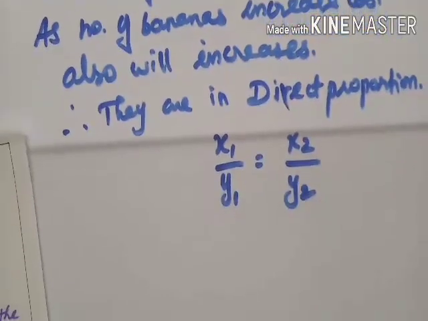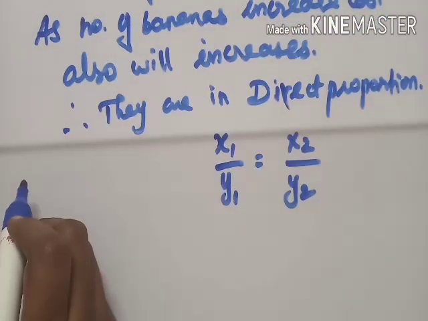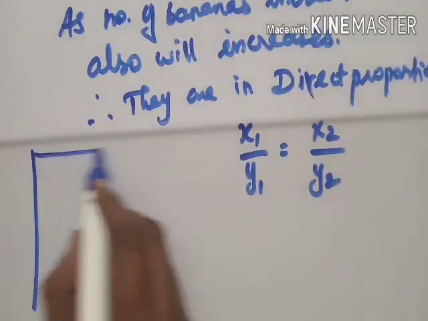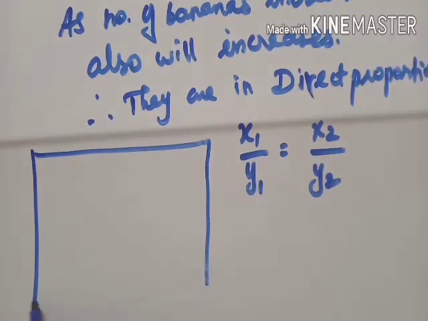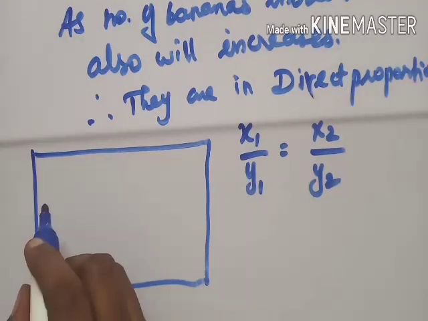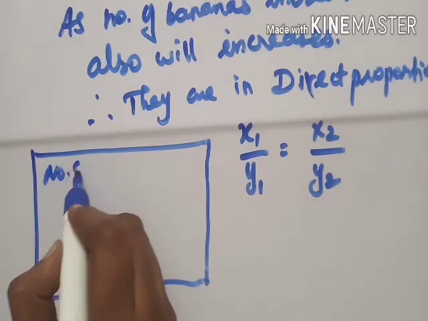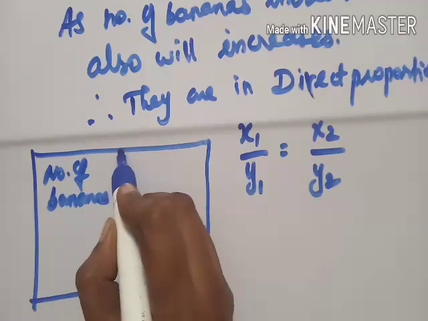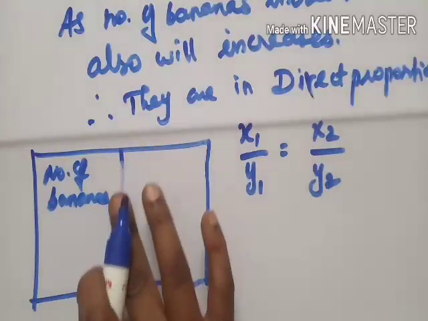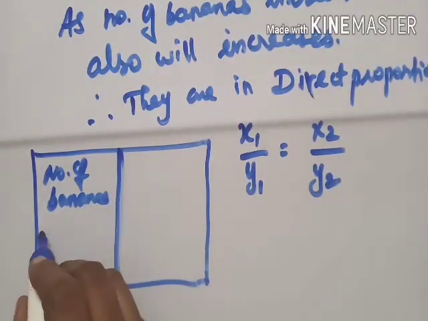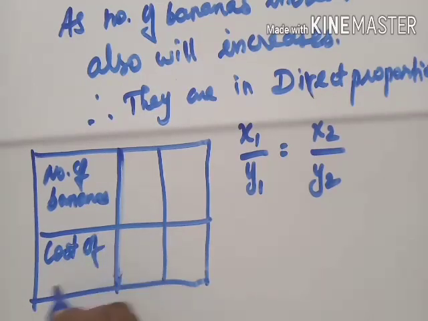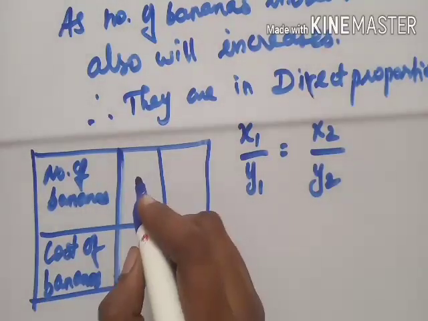Before we substitute the values, listen here. Here I'm going to draw one tabular column. This is a very important tabular column. Here you write number of bananas, and this is cost of bananas.